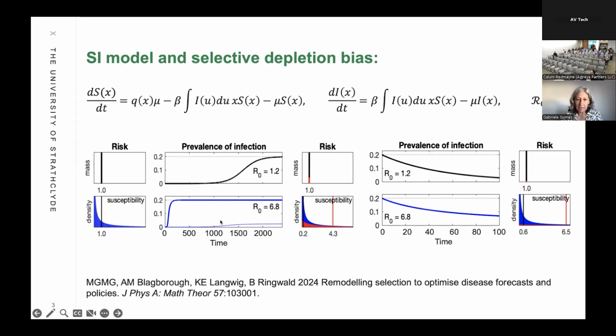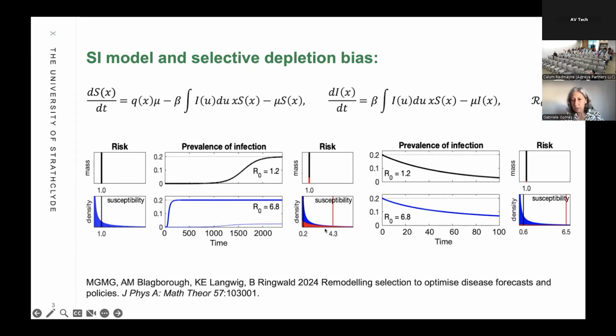As a result, the susceptibility distribution starts with a mean of 1, as we normalize here, but the mean of susceptibility for those individuals that remain susceptible, in other words, didn't get infected yet, becomes lower and lower because of this selective depletion of the more susceptible individuals.